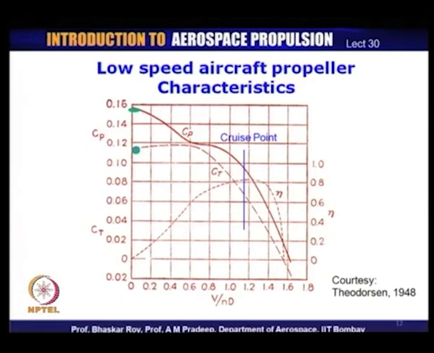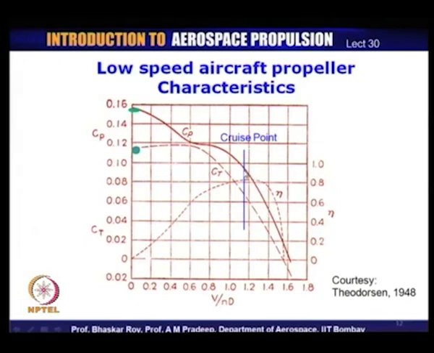And the first thing we can see here is that the maximum efficiency operation, if the cruise, or the longest deployment of the propeller, which is during cruise, is somewhere near the maximum efficiency, that is not the point where you would of course use maximum thrust or maximum power.